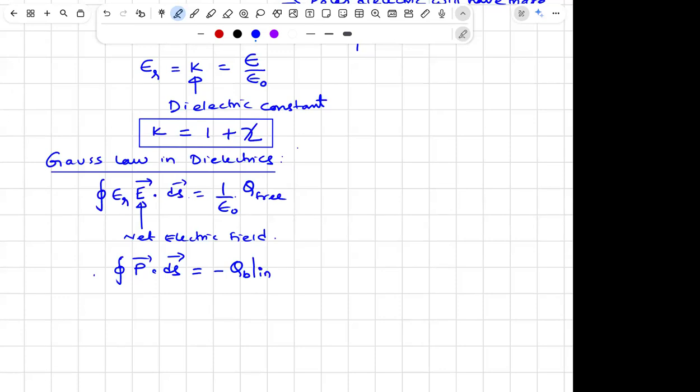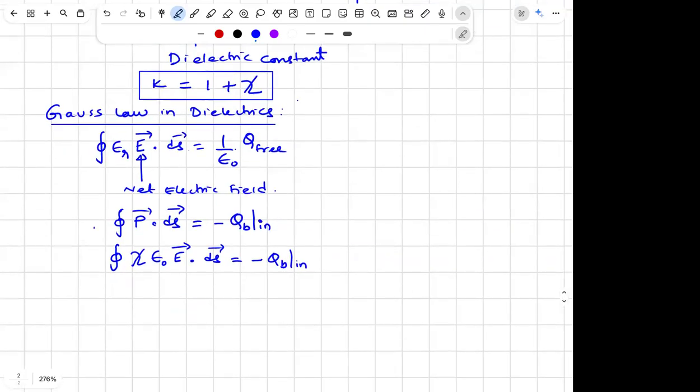Right, because in Gauss law we don't care what is outside. Susceptibility times epsilon naught E bar dot ds bar is equal to minus Q bound in. Yes or no?